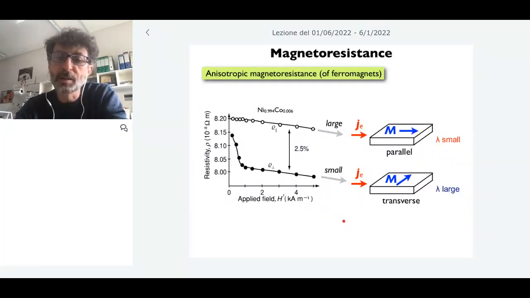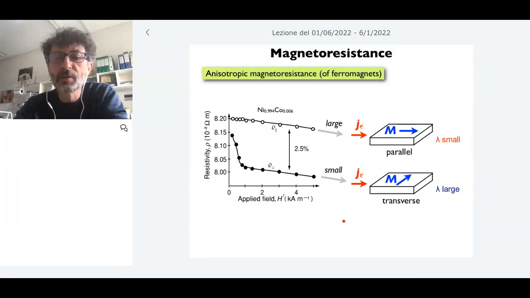It's an alloy, essentially nickel with a little bit of cobalt. And we know that nickel is essentially a soft magnetic material. So the orientation of the magnetization between parallel and transverse direction can be done with a very small field.